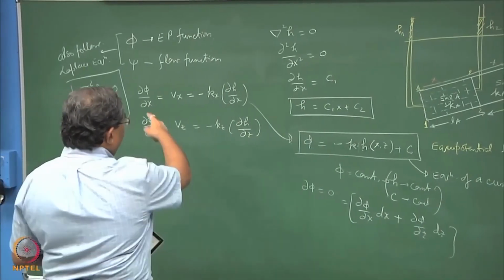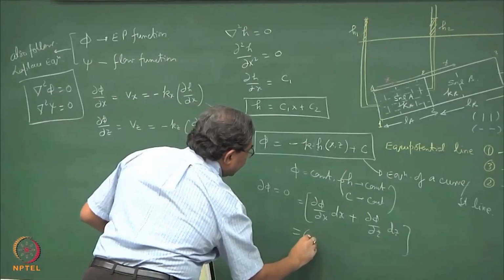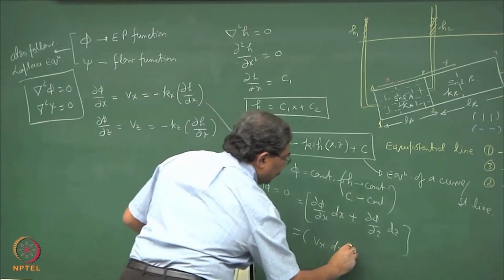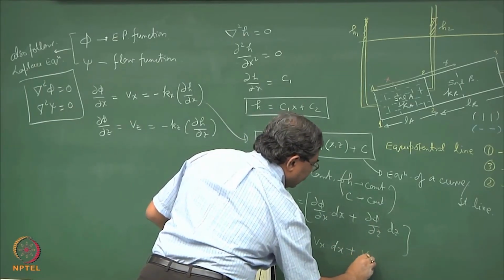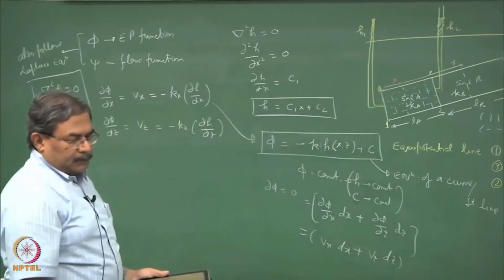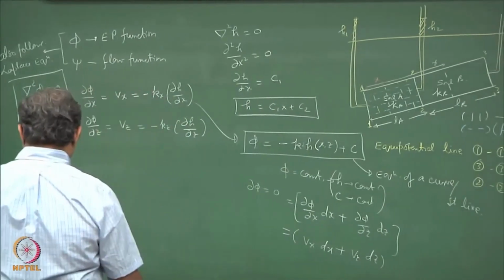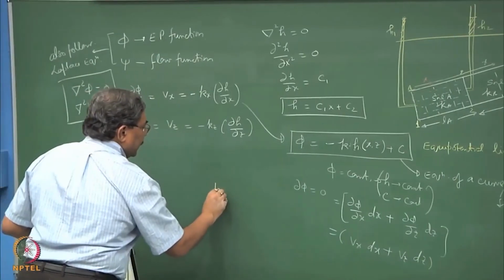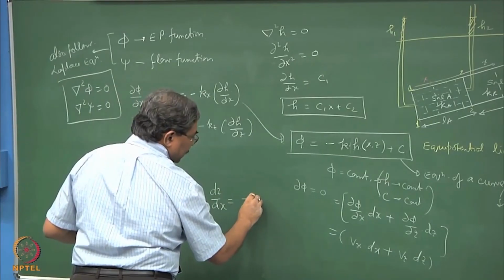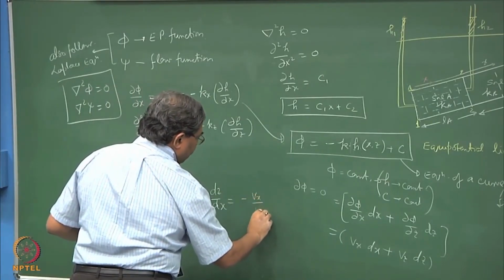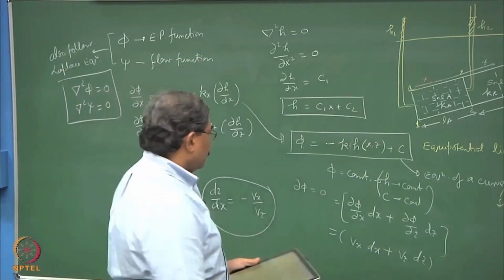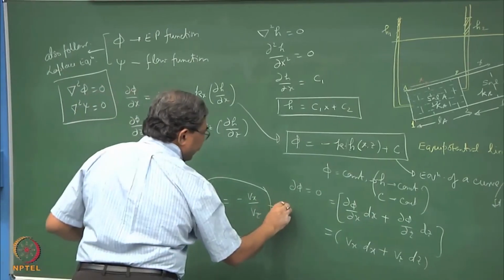Now, just now we have defined del phi by del x as V x plus del phi by del z as V z. If you solve this expression, what you will be getting is dz upon dx will be equal to minus V x upon V z. So, this becomes your function number A.